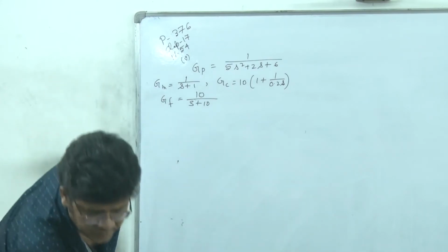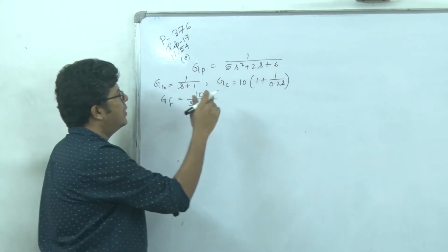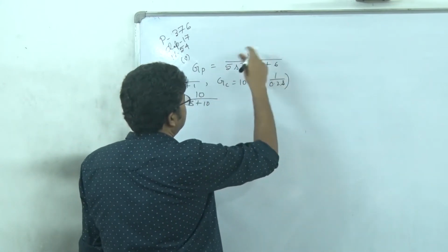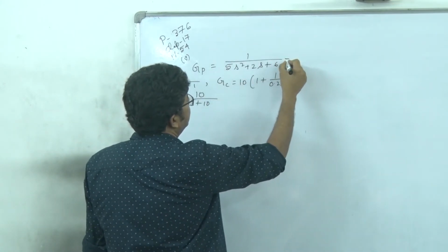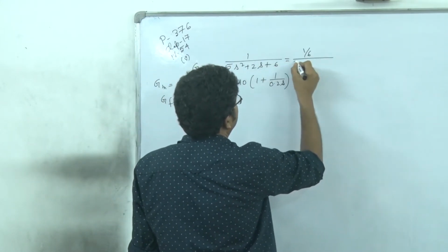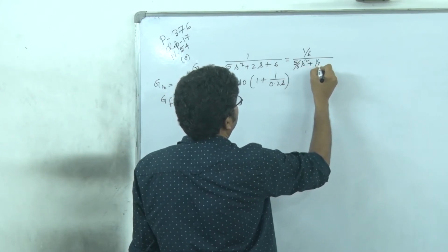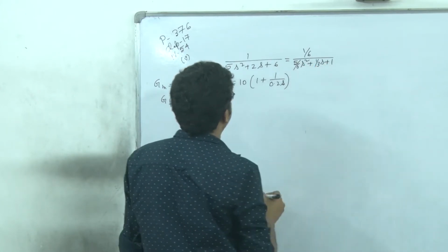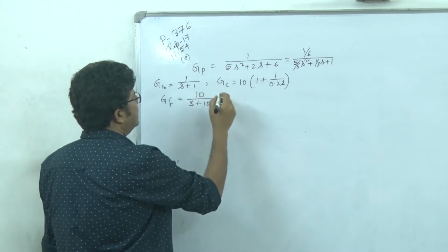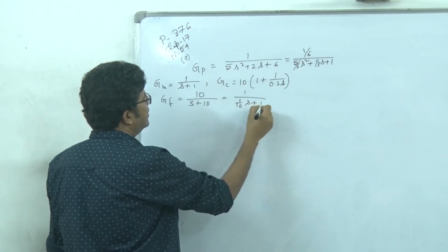Right. So you see that we have to put the transfer functions in standard form. Here we can write 1 by 6 times 1 over (5 by 6 s square plus 1 by 3 s plus 1). Here it's fine, here it's also fine. So here we'll write 1 by (1 by 10 s plus 1).